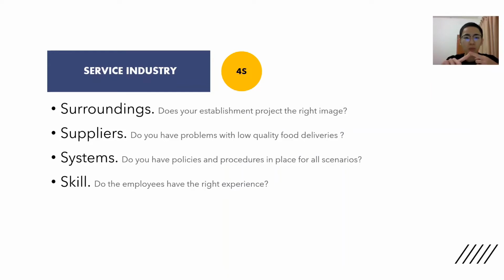Does the customer face problems with low quality food deliveries? For the system, do they have policies and procedures in place for all scenarios? And for the skill, do the employees have the right experience to work in this service industry?